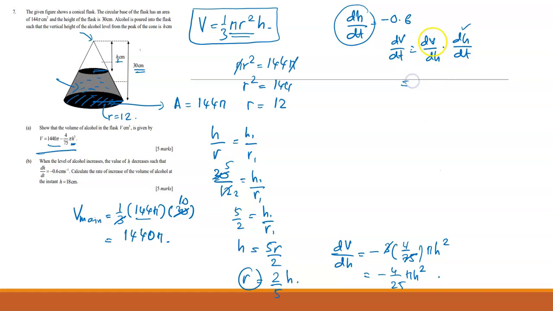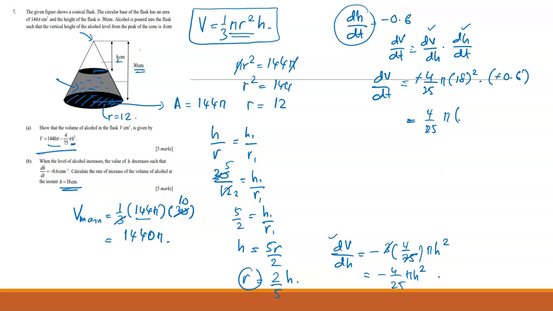So dV/dt equals negative 4 divided by 25 pi, given h equals 18, so 18 squared, and dh/dt is negative 0.6. Negative multiplied by negative is positive, and then 4 over 25 pi.